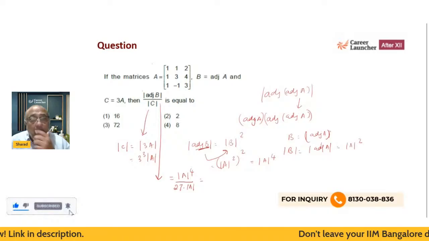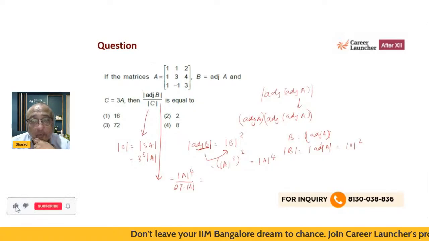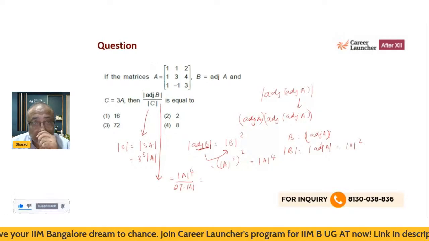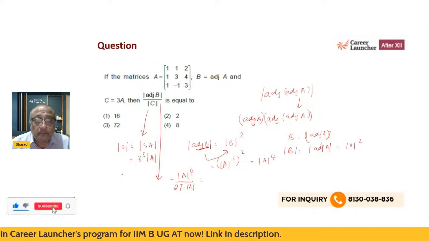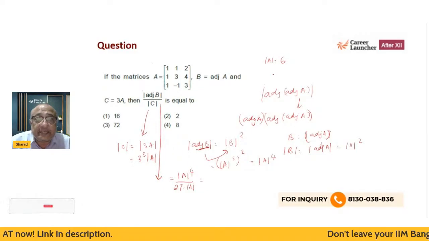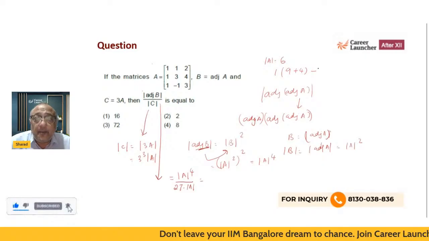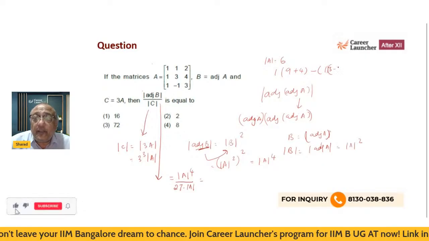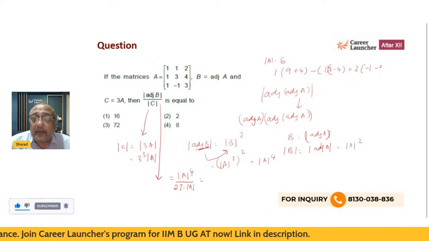So this is how we could have cracked this question, which was seemingly difficult. Understood? Actually, if you find determinant of A, it will be nothing but equal to 6, if I'm not mistaken. 1 into 9 plus 4, which is 13, minus 1 into 3, minus 1 into 3, minus 4, plus 2 into minus 1, minus 3.